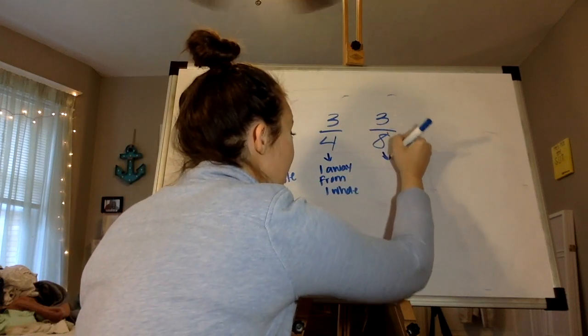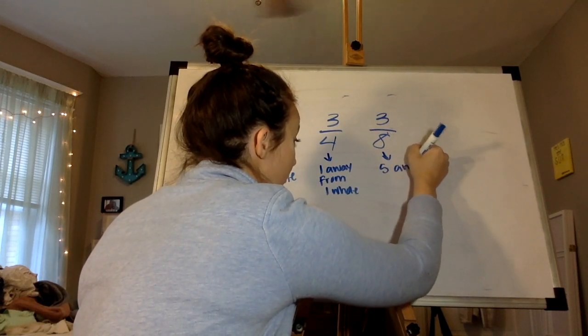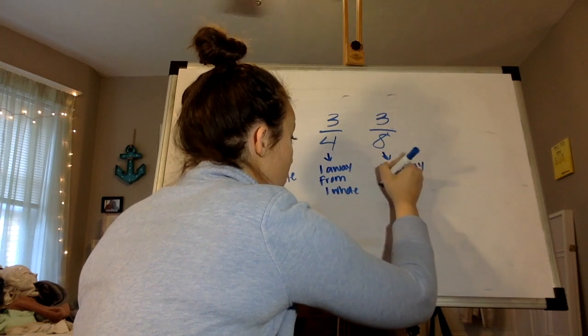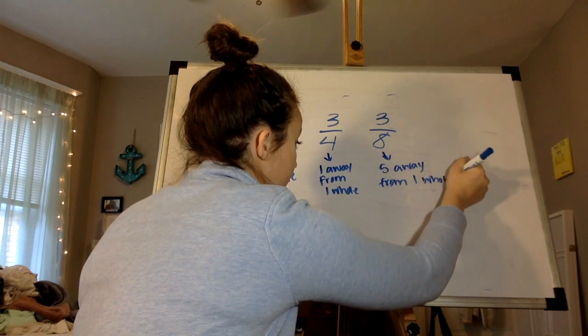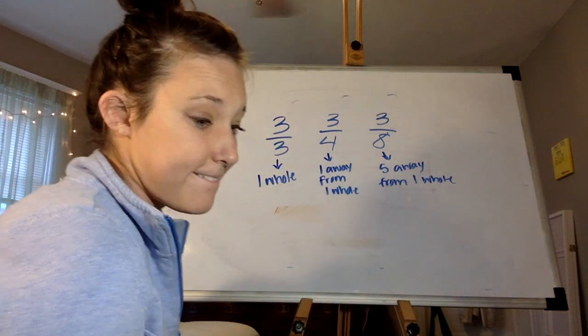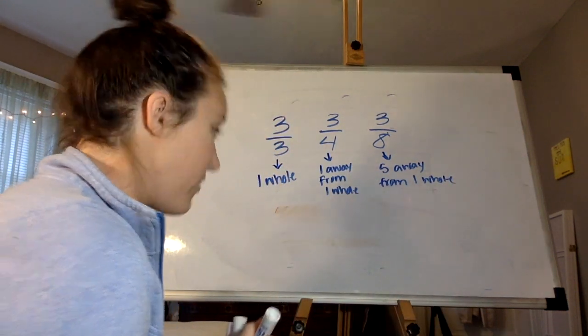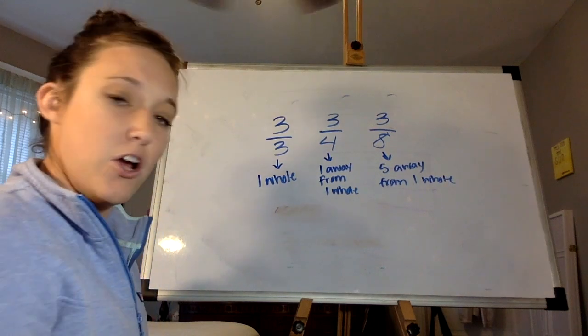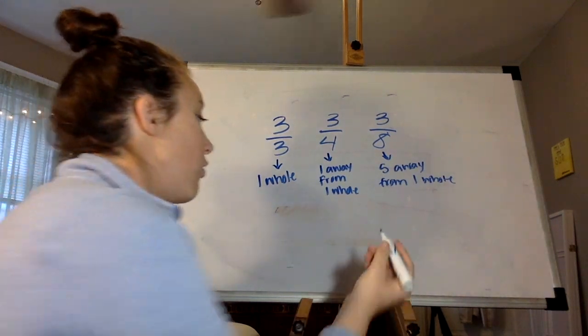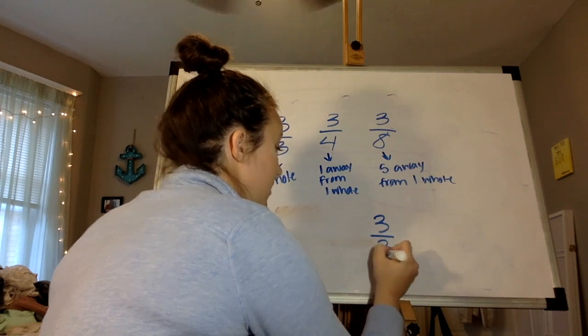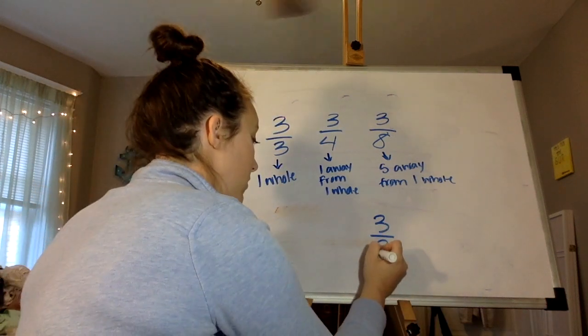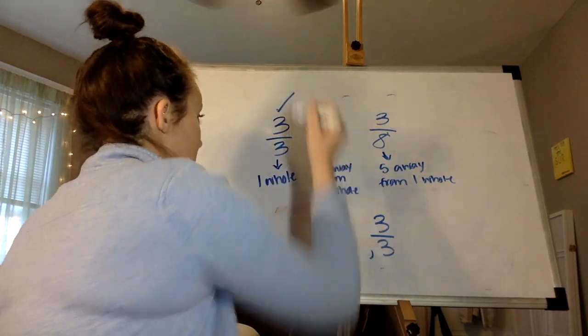And then 3/8 is 5 away from 1/2. Okay. Now, with that being said, if I know 3/3 is already 1/2, that's already my largest fraction. You can't get bigger in this case than 1/2. So I've got that one covered.